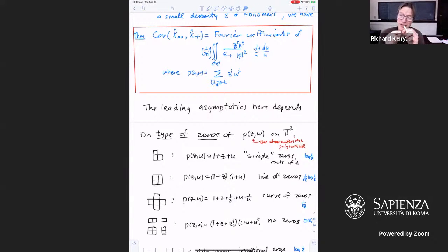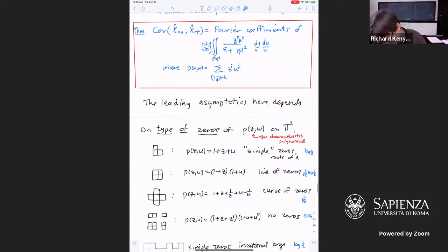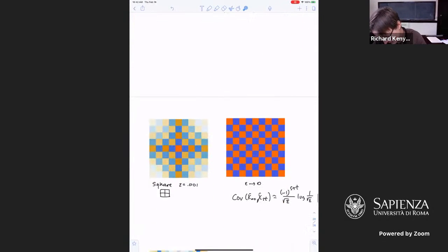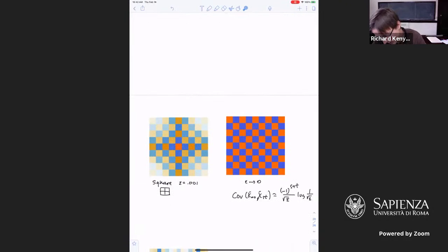Epsilon, remember, is the density of monomers. And this also affects, I think I've got a picture. Oh yeah, here's the case of the square. When epsilon is 0.001, you see this interesting checkerboard behavior. It's still true that as epsilon goes to 0, you see this interesting lattice behavior.